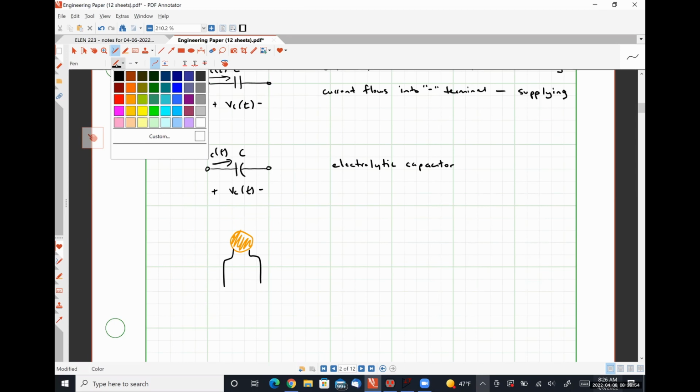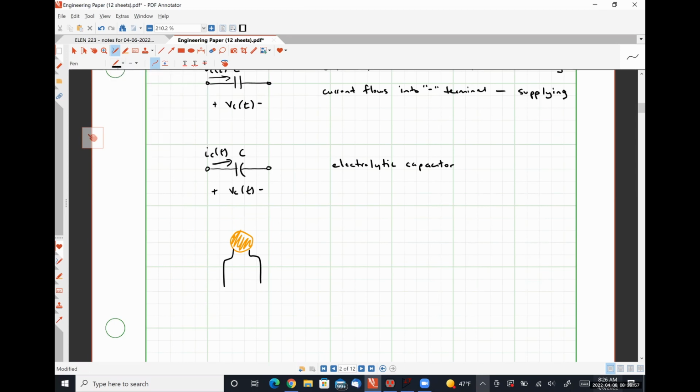For an electrolytic capacitor, they'll usually be packaged in a cylinder with two leads coming off of it, and there's pretty much always space on the cylinder to write things down.